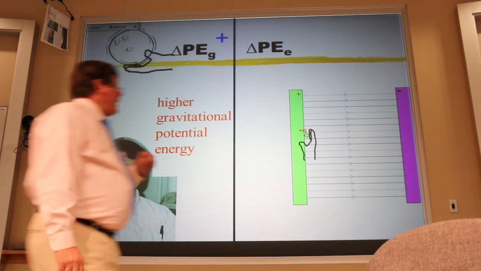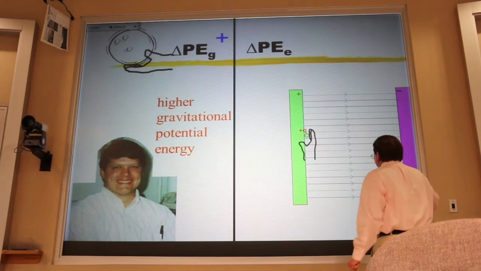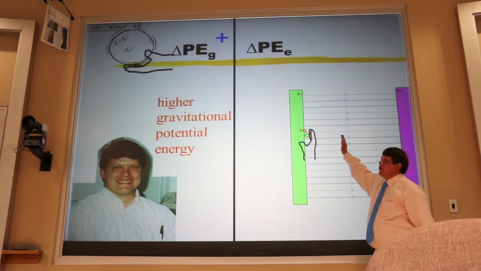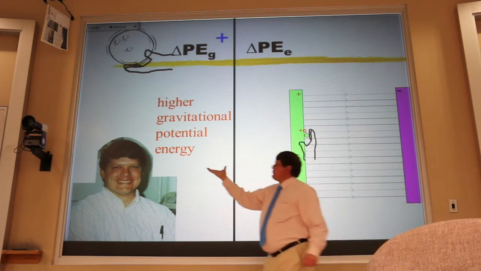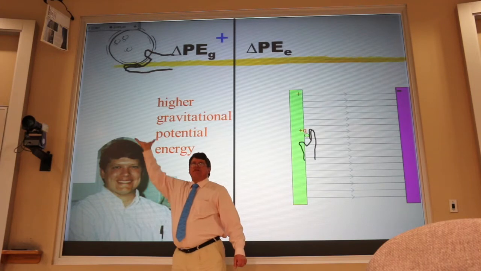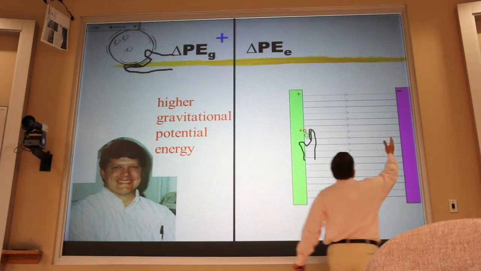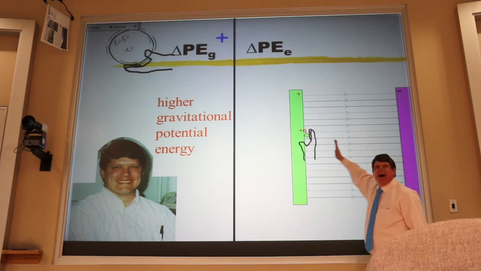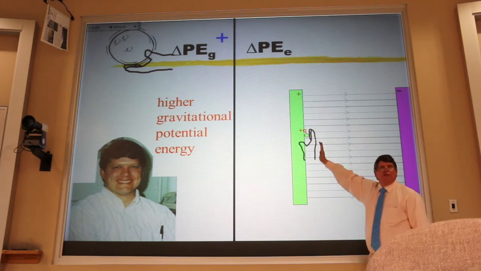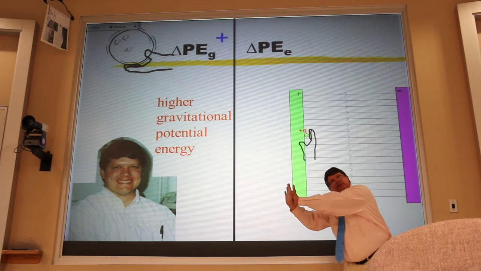Now, in the same way, by pushing this positive charge against the field, just like I was pushing this bowling ball against the gravitational field, I'm pushing this positive charge against the electric field. I'm doing positive work. It doesn't want to go there. I've got to push in the same direction it's going.